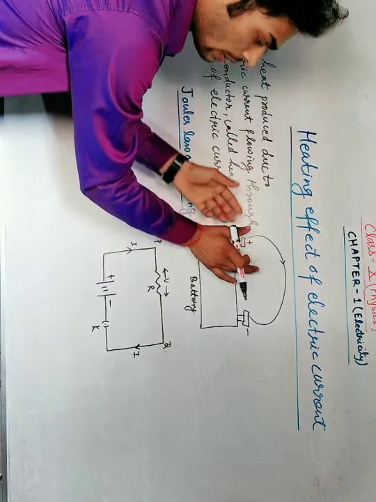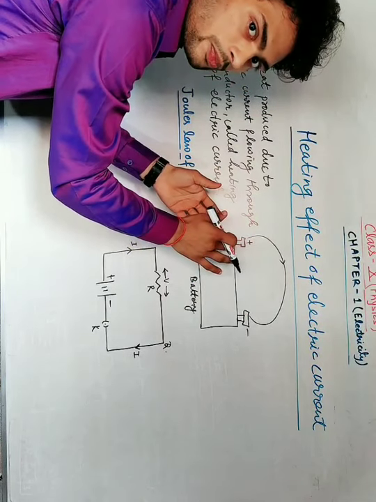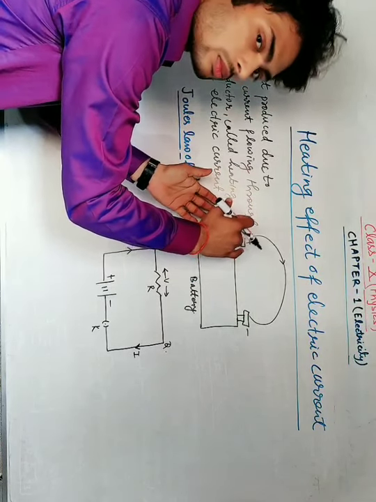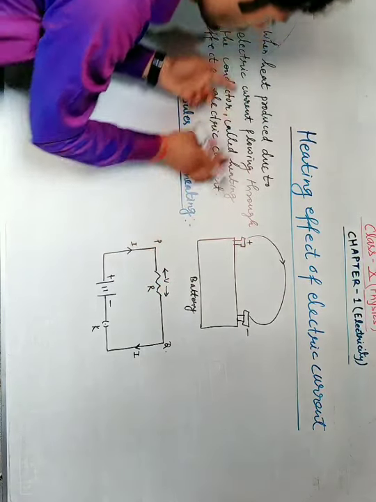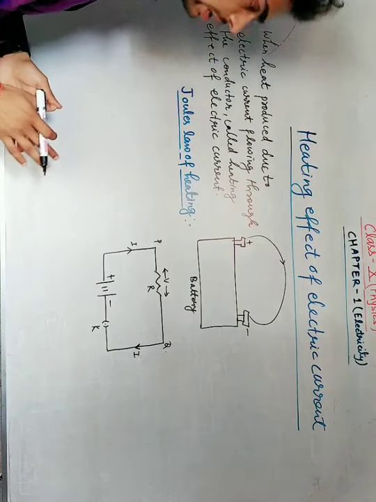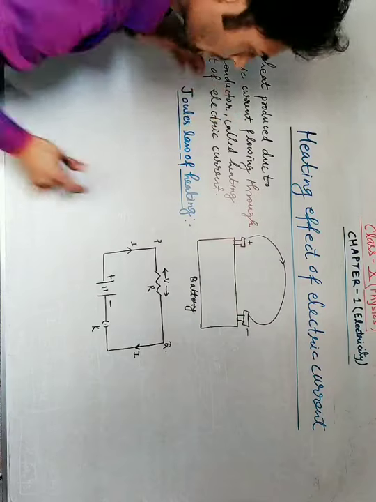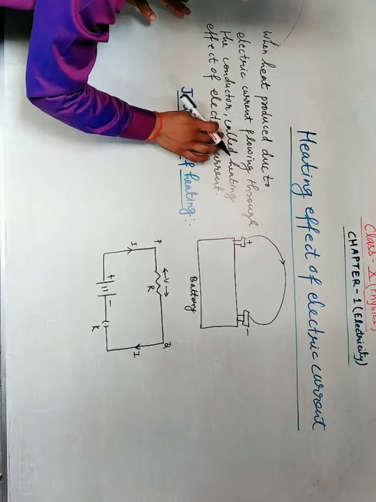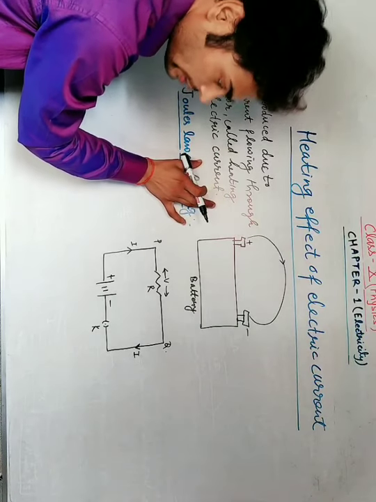In this way, when current flows through any conductor, the current changes into heat energy. This process is called the heating effect of electric current. When heat is produced due to electric current flowing through a conductor, it is called the heating effect of electric current.